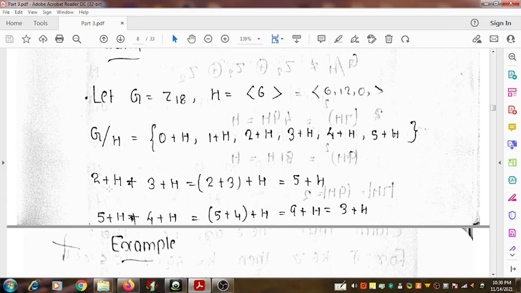So for that, as an example, an operation is defined here. This step illustrates the definition of an operation. So 2 plus H is an element. This element is taken as the first element, and plus. It would be nice if we use a bracket here to write these two terms together.